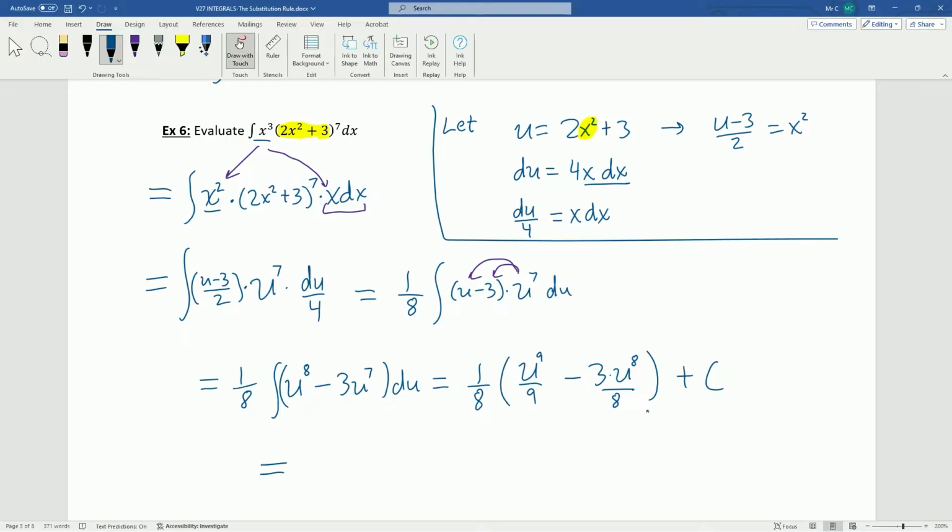Now I can distribute this and replace my u at the same time. So 1/8 times 1/9, that's going to be over 72. And u to the 9th will become (2x squared plus 3) to the 9th power. Minus 3 over 64 times (2x squared plus 3) to the 8th power. And still need that plus c.